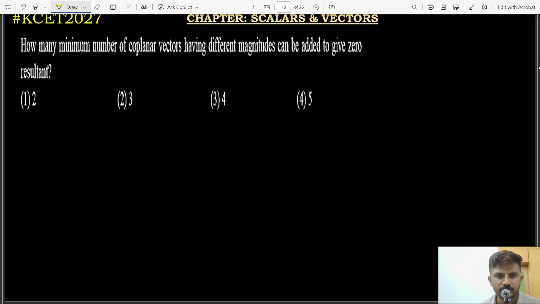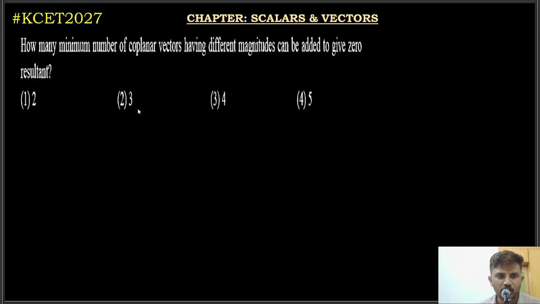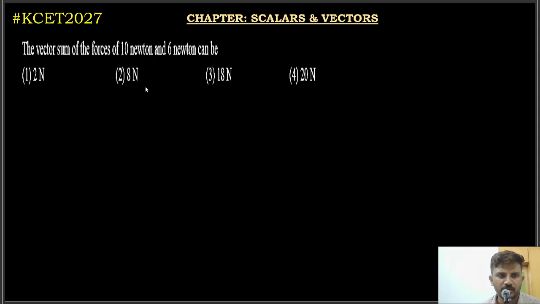Next, how many minimum number of coplanar vectors having different magnitudes can be added to get 0? 3. The vector sum of two forces 10 and 6 is, so if you add, you can get 10 plus 6 or 10 minus 6. The resultant should be between 10 plus 6 and 10 minus 6. 10 plus 6 is 16.